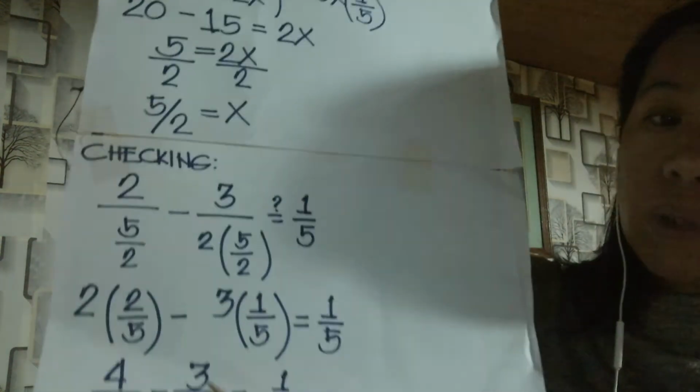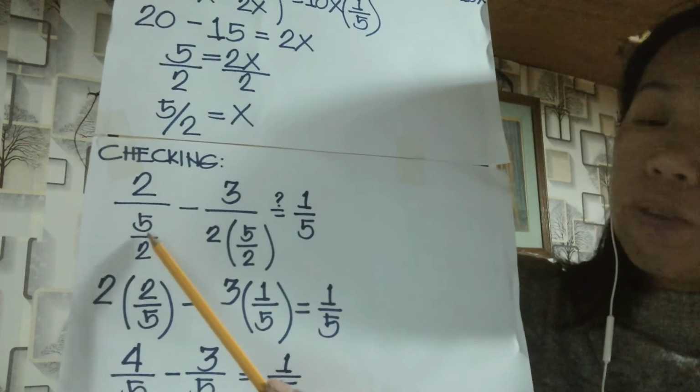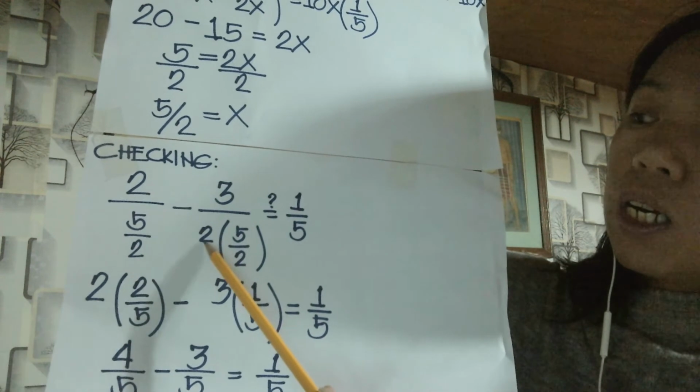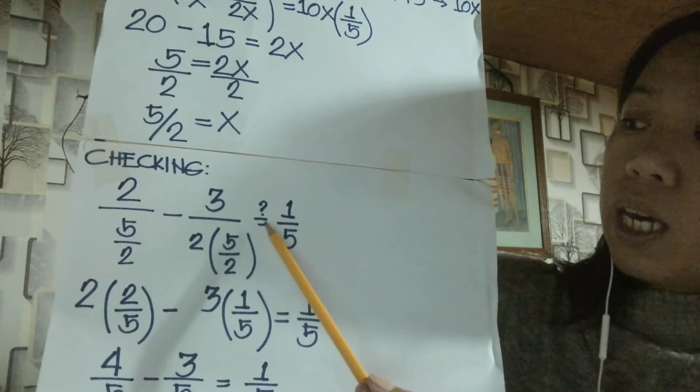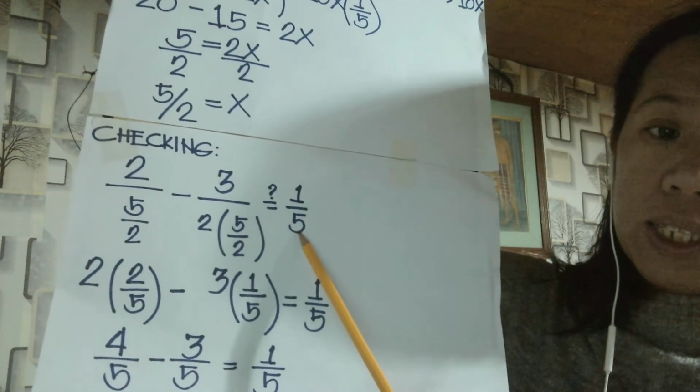So substituting the value of x, 2 over 5 over 2 minus 3 over 2 times x, which is 5 over 2. Is it equal to 1/5? So that's what we are trying to find out.